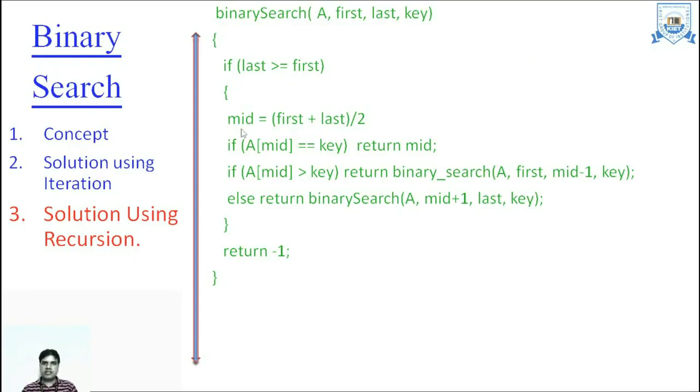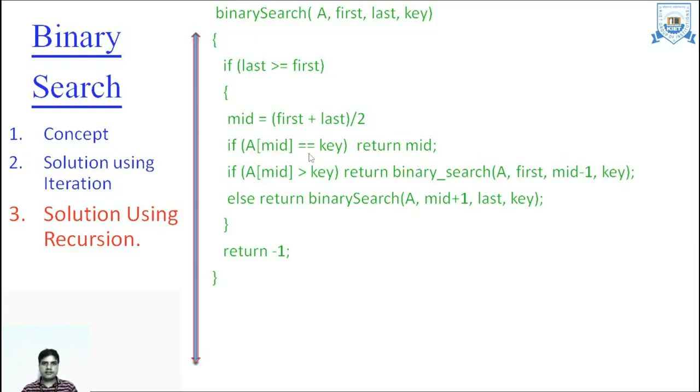After it is satisfied, we calculate the mid position for the given values of first and last. It will calculate integer division, mid, and again the same process we are following. We check whether the element at the mid position we just calculated is equal to the given key. Then our objective is solved, return the value of mid, that's it.